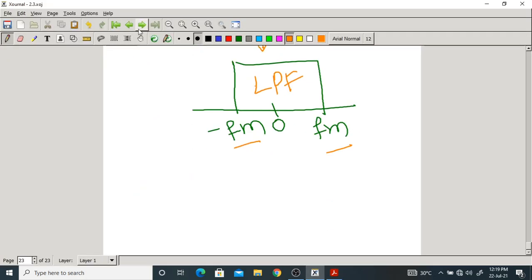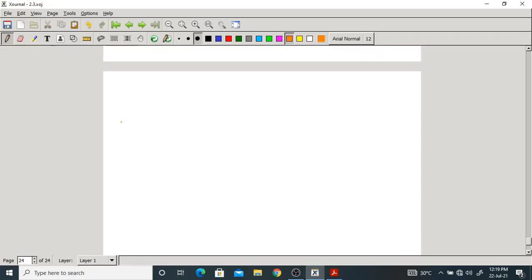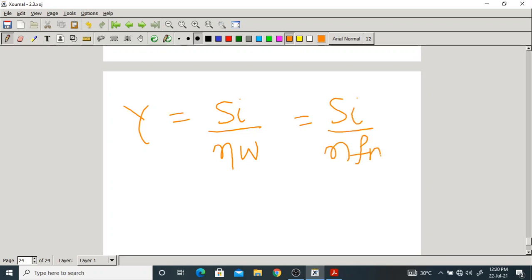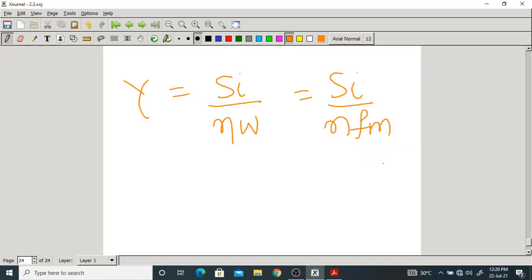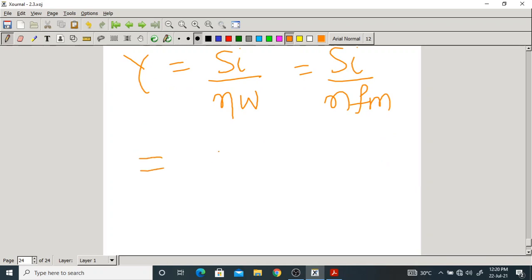What is gamma? Gamma is baseband SNR, that is Si by eta W or Si by eta into FM. What is Si in this case? A square by 2. Obviously, that is A square by 2 into eta into FM. This is gamma.